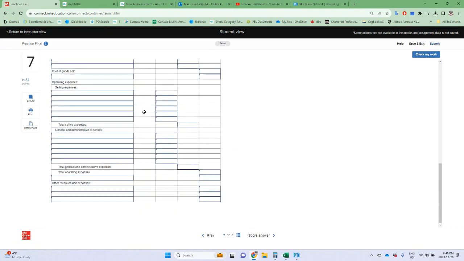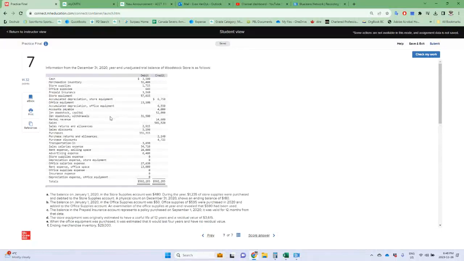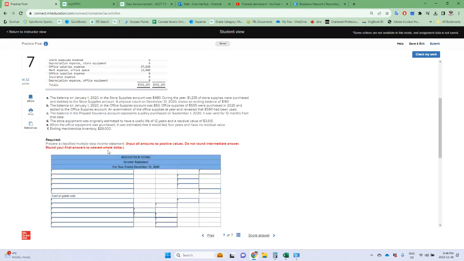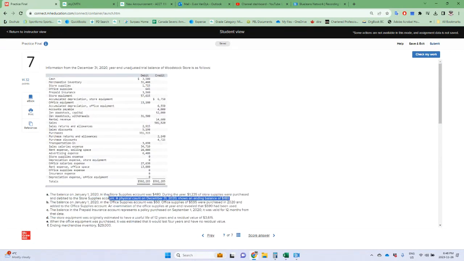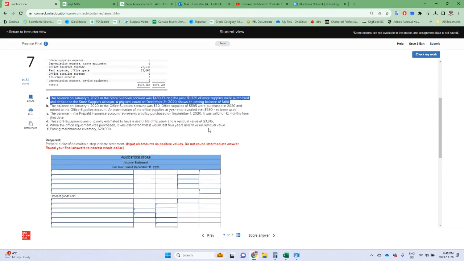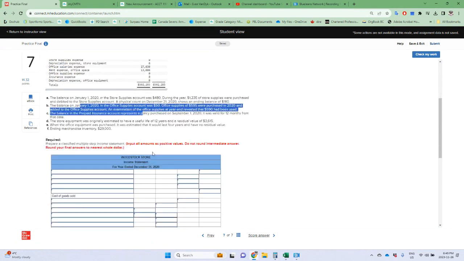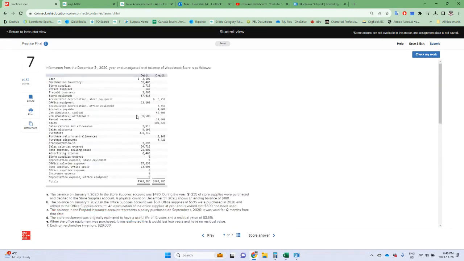And so here we're going to be doing an income statement. Balance on the unadjusted trial. So this is requiring you to do your trial balance first. So this would mean we're going to do a few journal entries before we can get started here. So you need to write this down, and then you would need to change the totals.